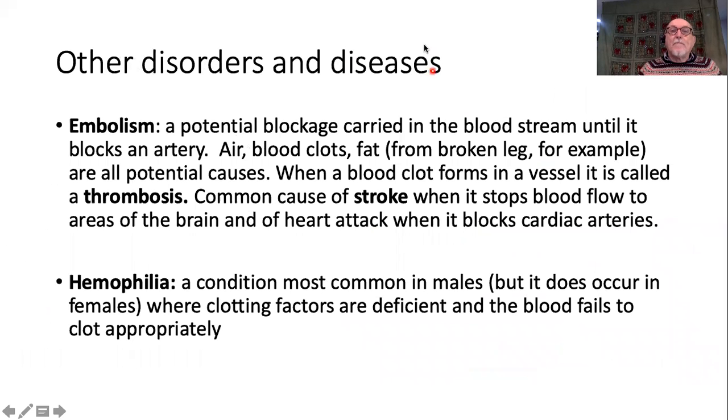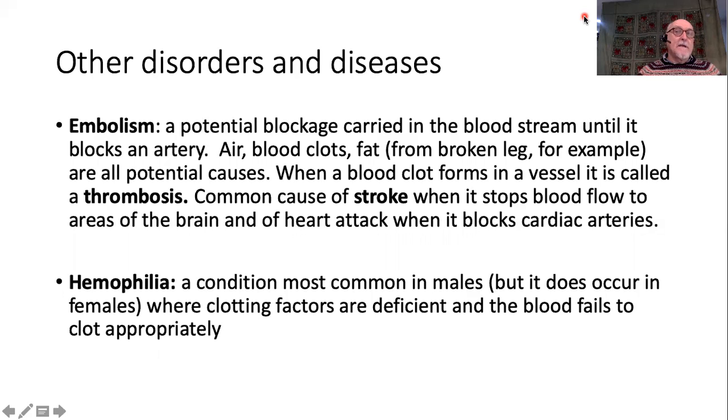Okay, so let's just have a couple of other disorders and diseases that you may hear about periodically. First of all, an embolism. An embolism is anything which can cause a blockage in an artery.